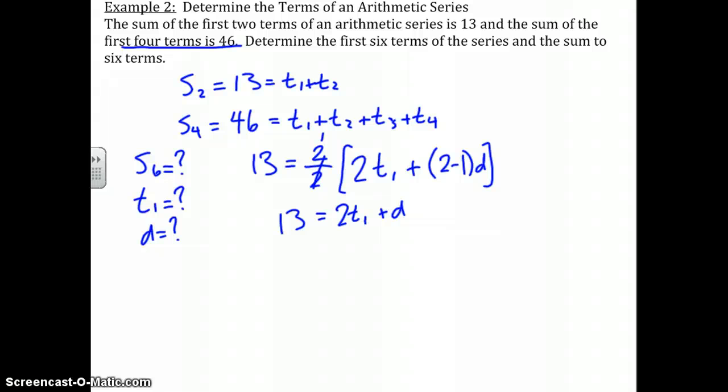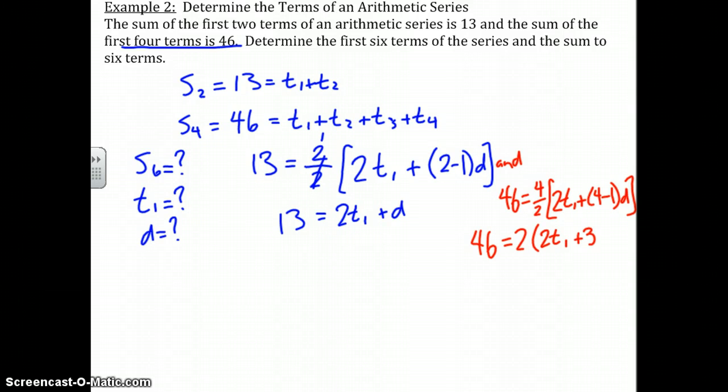Well, we can also write a similar equation for the fourth term. So 46 equals, and in this case n is 4, so 4 divided by 2, times 2 times T1, again we don't know, plus 4 minus 1 times D. Sorry, that's a little bit crowded. Simplifying that, we get 46 equals 2 times 2T1 plus 3D.